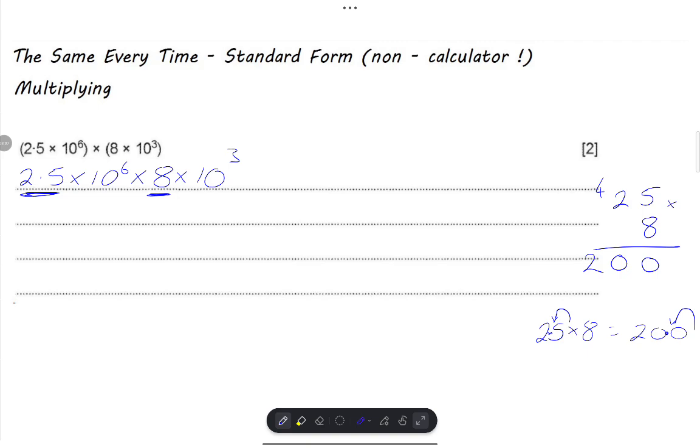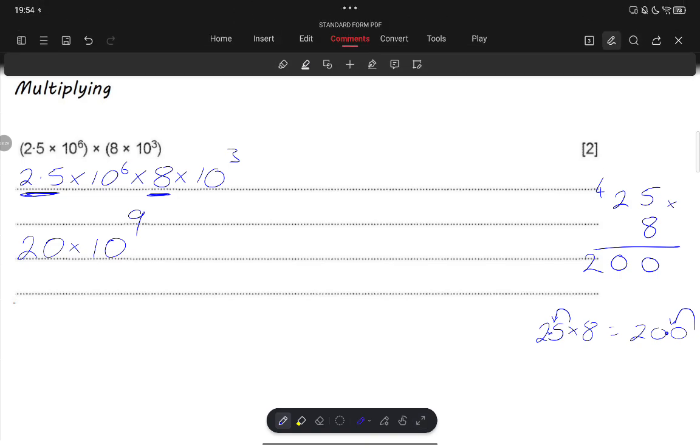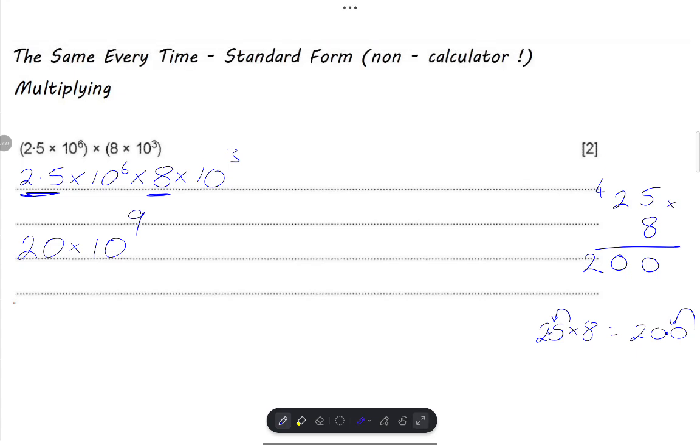You might have remembered that 2.5 times 4 is 10, so two of those, 2.5 times 8, gives you 20. So 2.5 times 8, that's 20, times 10 to the power, multiplying, so we add the powers. 6 plus 3 gives me 9. Well, as you know, that's not standard form, so we need to put a decimal point to make it a number between 1 and 10.